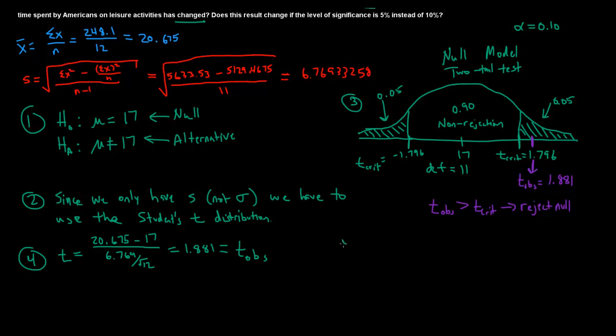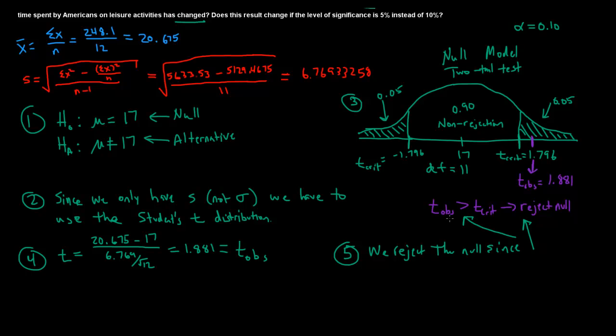So step 5. Let's be a little more neat. Step 5. So we need to make a decision, and that is we reject the null, since that happens.